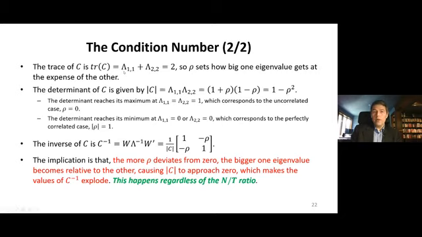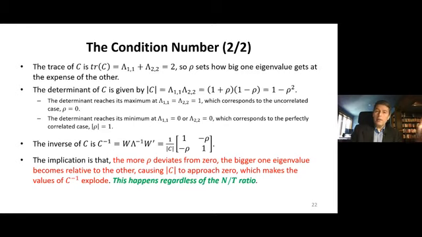We can only increase one eigenvalue at the expense of reducing the other eigenvalue, and that will cause the determinant of the correlation matrix to be smaller. This is problematic again because if the determinant becomes very small, now the inverse covariance matrix will explode and the entire solution will be very unstable.